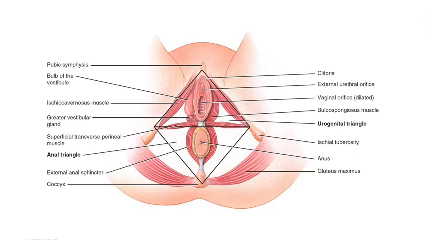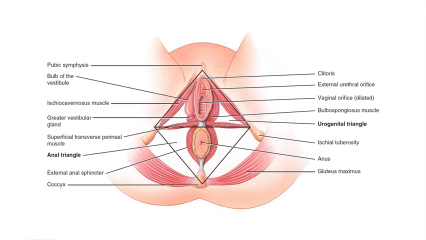The clitoris is a small cylindrical mass composed of two small erectile bodies, the corpora cavernosa, and numerous nerves and blood vessels. The clitoris is located at the anterior junction of the labia minora. A layer of skin called the prepuce of the clitoris is formed at the point where the labia minora unite and covers the body of the clitoris.